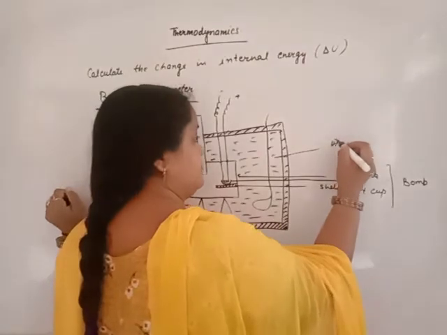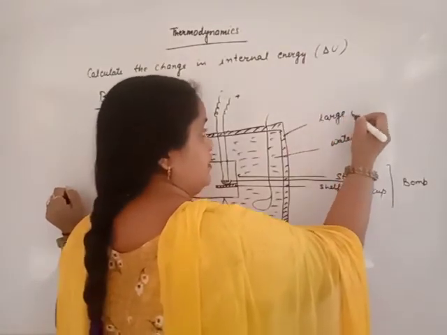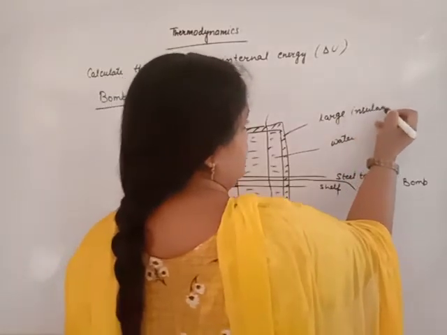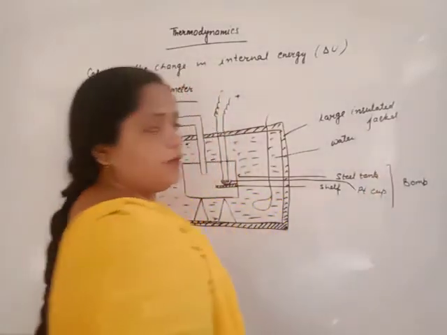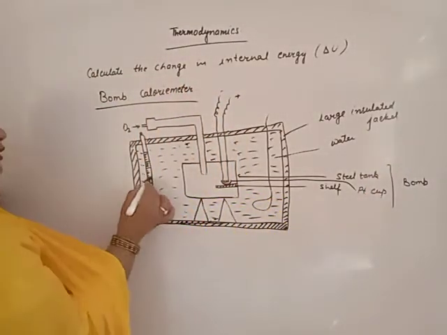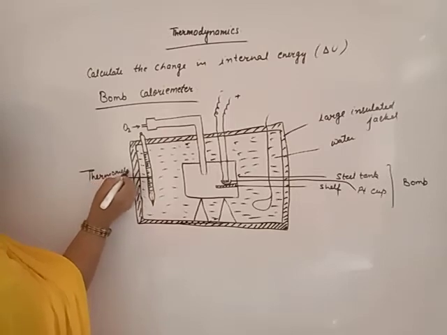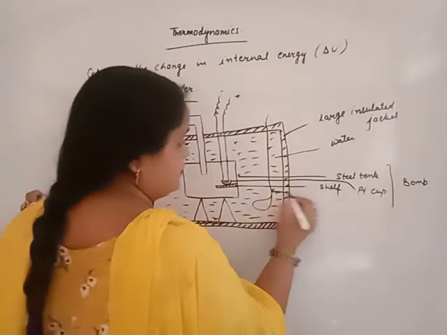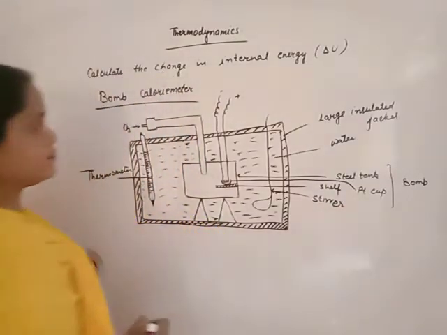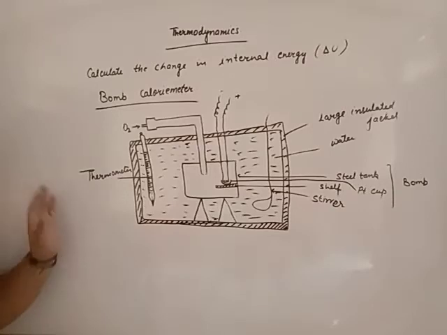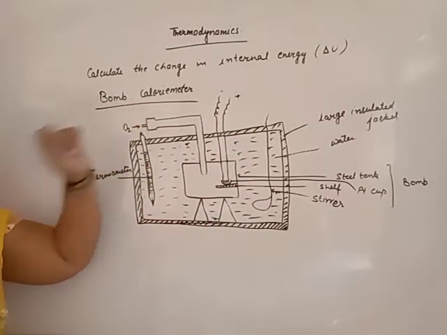It is a large insulated jacket or vessel, you can say, with the thermometer and stirrer. This whole apparatus is collectively known as the bomb calorimeter.